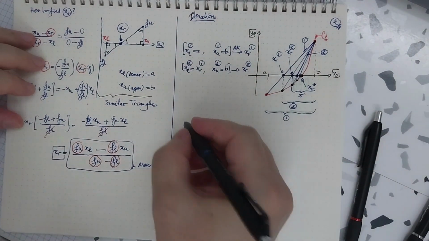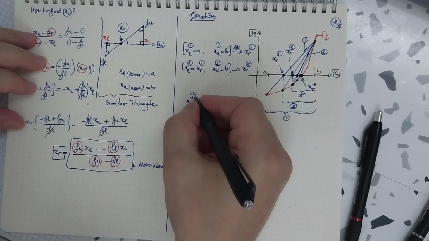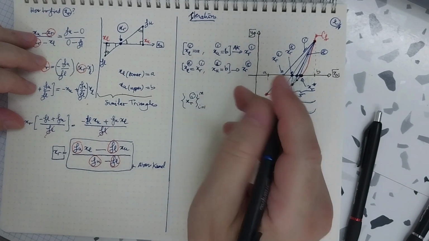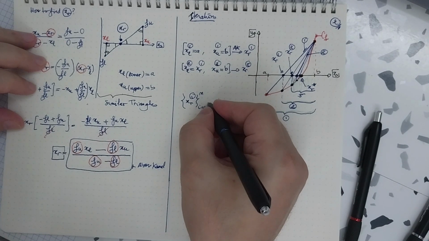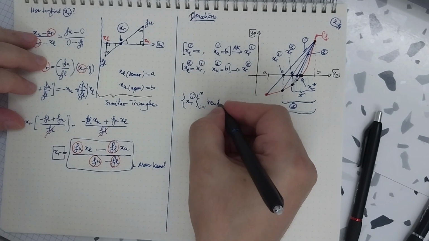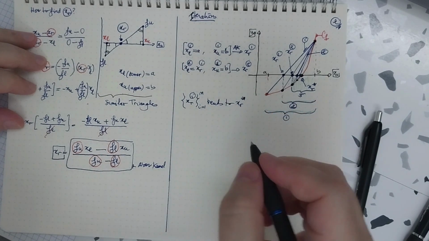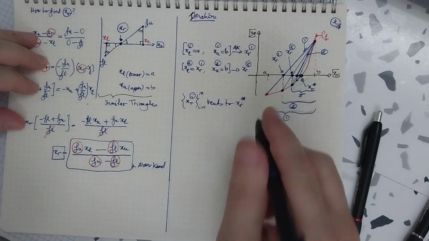Let's write it here. XR, the sequence, XRI, I from 1 till n, the given number of iteration, tends to XR star. I say X in French, normally we say X, XR star.